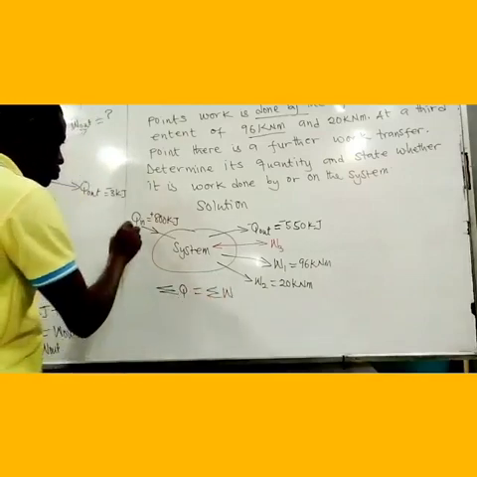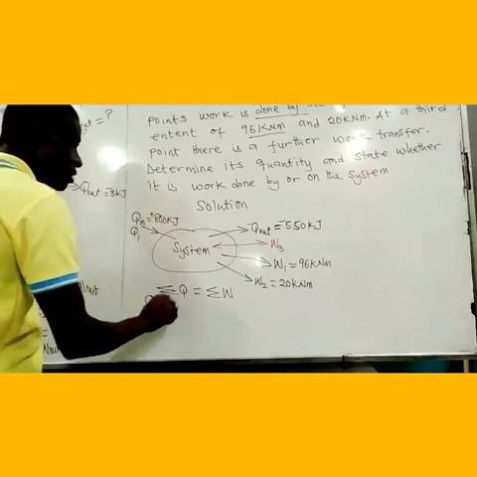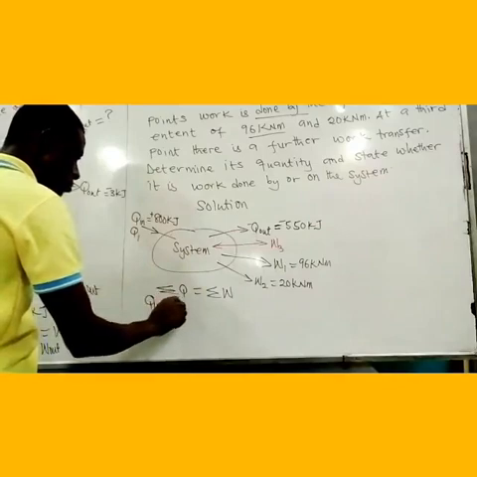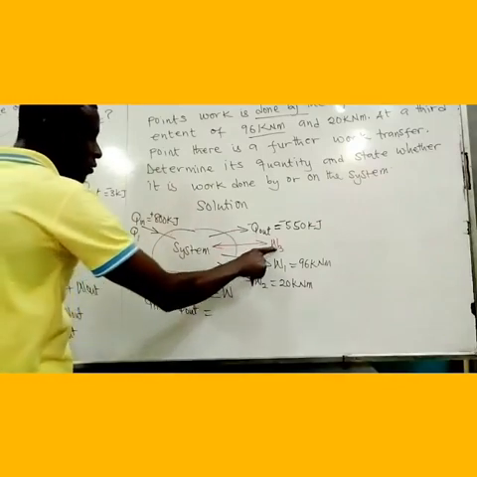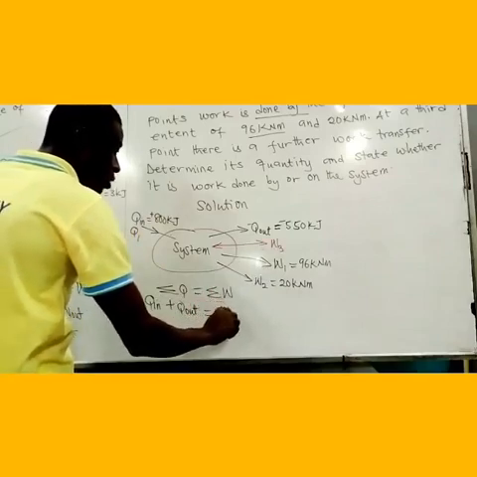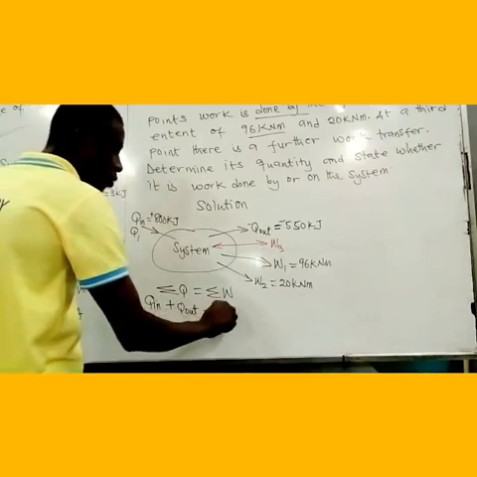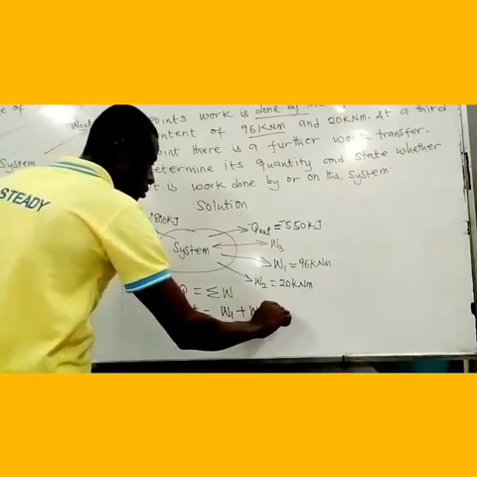So we have Q in, we can say this is Q1 or Q in, plus Q out, equal to the third work, work 3, or we have work 1 plus work 2, work done 3.